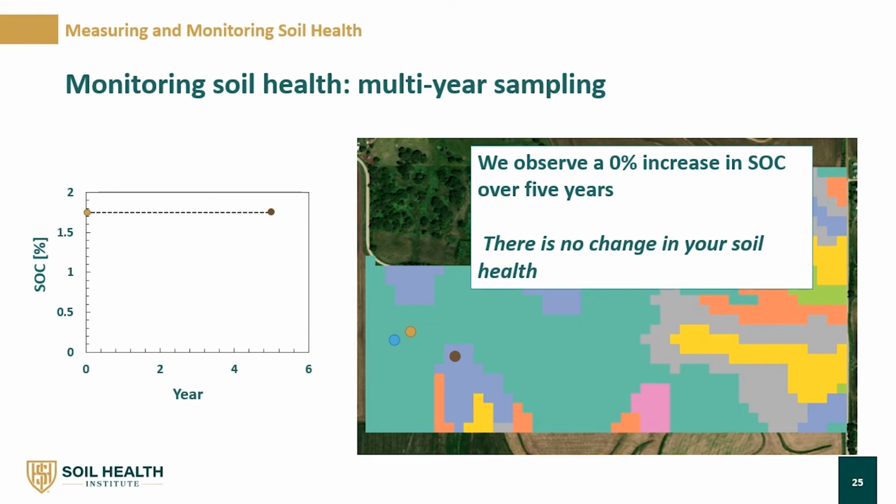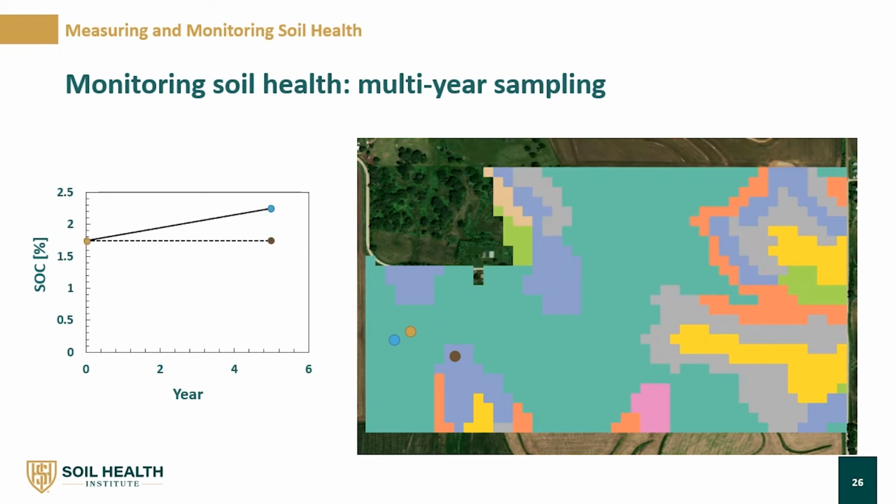Now, I built this as a pretty easy and kind of cartoonish example, so hopefully you see what's coming here, and that really is that by changing the location of those samples, we've actually changed the value of our organic carbon concentration, and that the observed change in our second scenario, or lack of observed change rather, is really what's driving that conclusion.